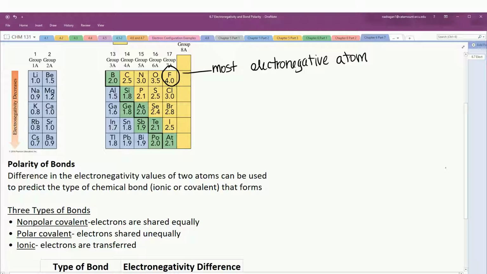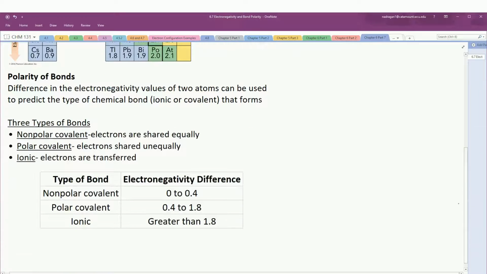So you can just subtract the values and compare the difference to this table to figure out what type of bond it is. If the electronegativity difference between the two atoms is between 0 and 0.4, then it's a nonpolar covalent bond. If it's between 0.4 and 1.8, then it's a polar covalent bond.